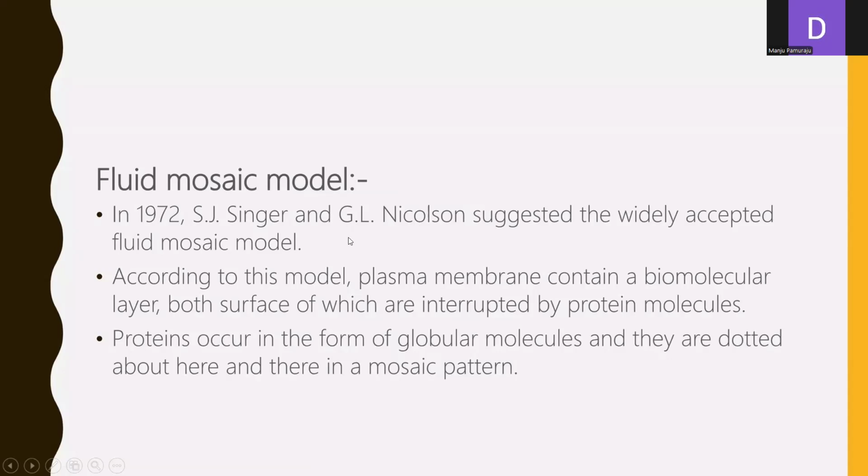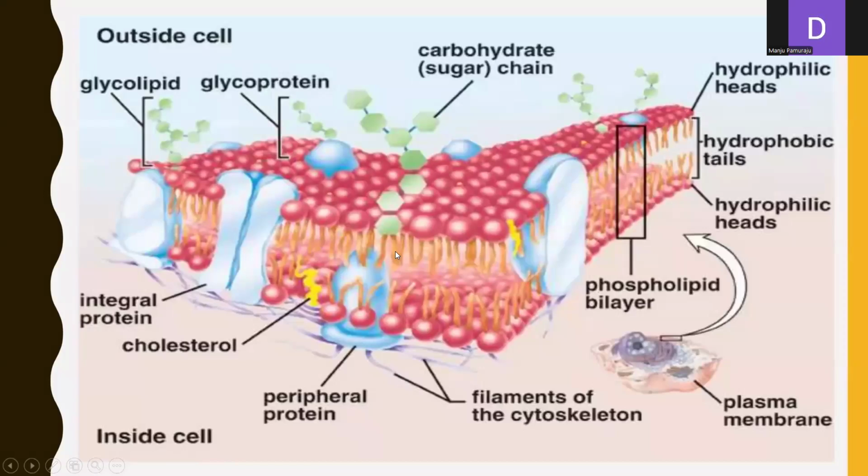The embedded protein molecules float on the lipid bilayer. Some of the protein molecules penetrate the lipid bilayer. These are known as integral membrane proteins, and they partially penetrate the bilayer. So based on this, there are intrinsic and extrinsic proteins. So these are the main three models.